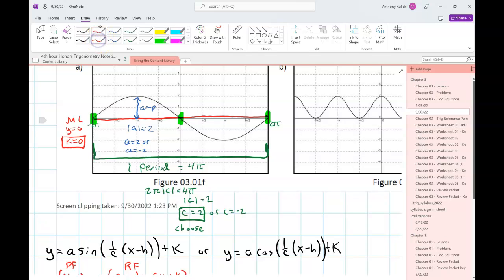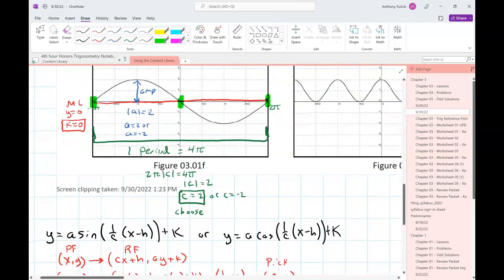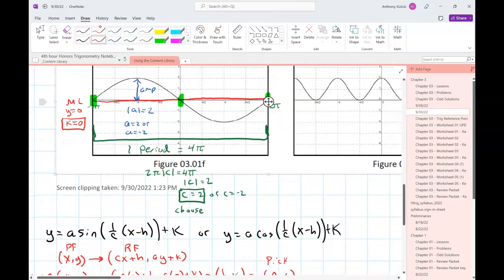Okay. So what type of midline point is 0, 0? The maximum is to the left, then we have the midline point, and then we have the minimum. Everybody see that from our picture?